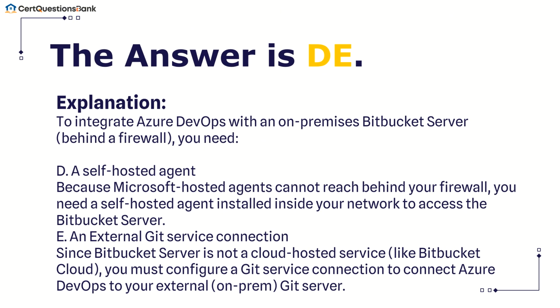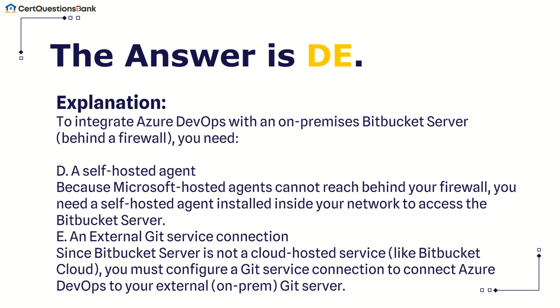The answer is D and E. To integrate Azure DevOps with an on-premises Bitbucket server behind a firewall, you need a self-hosted agent. Because Microsoft-hosted agents cannot reach behind your firewall, you need a self-hosted agent installed inside your network to access the Bitbucket server.